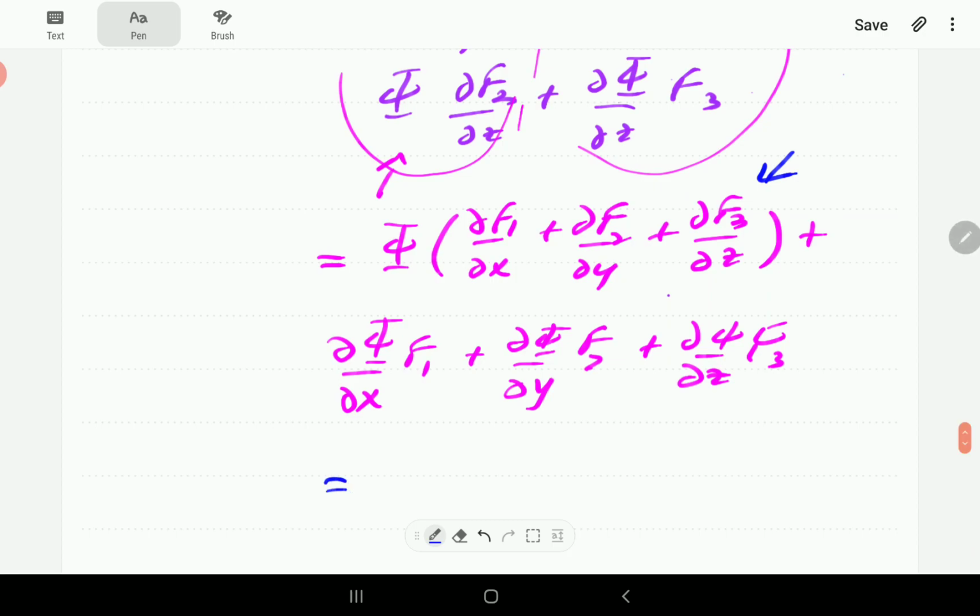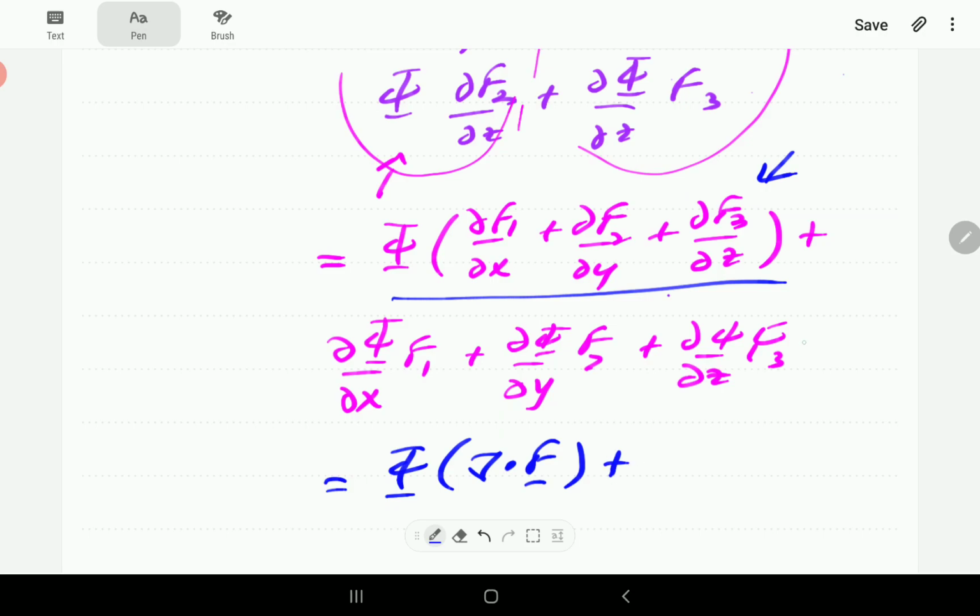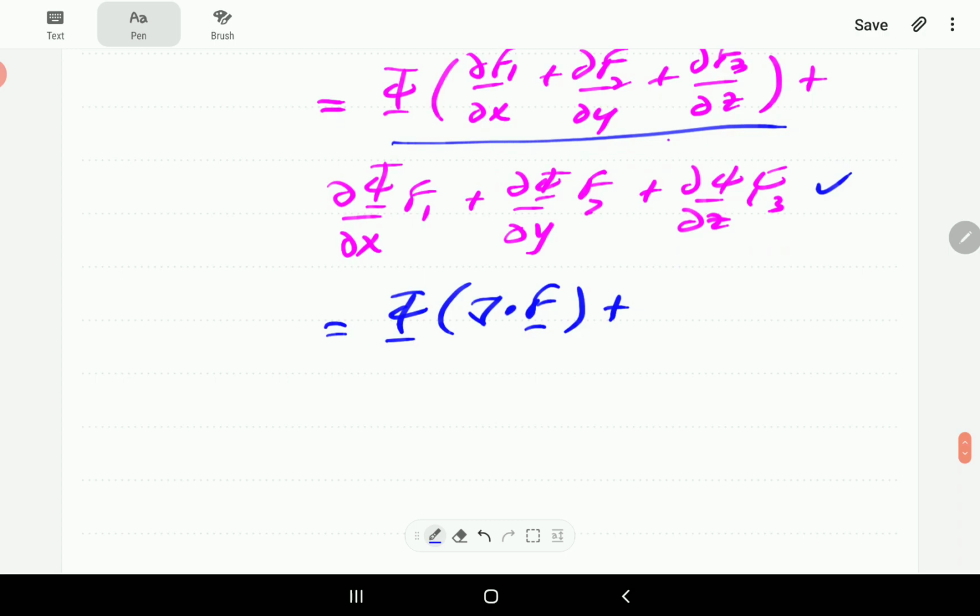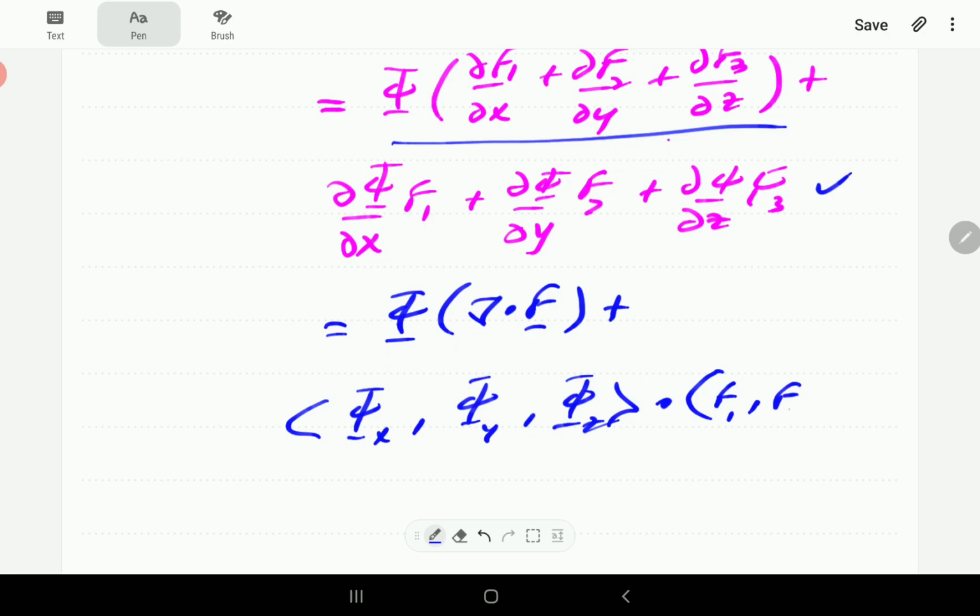So that means we can write that first term as phi times the divergence of f. That's this term here. And then this one here, we can write as the dot product of phi x, phi y, phi z dotted with f1, f2, f3.